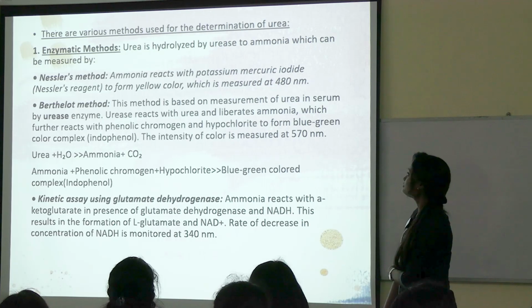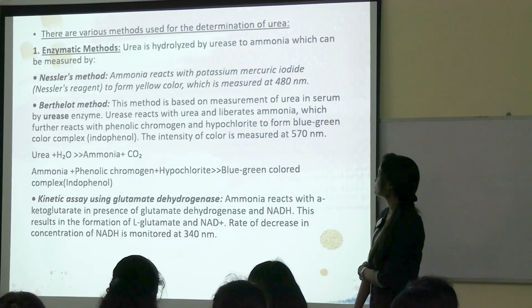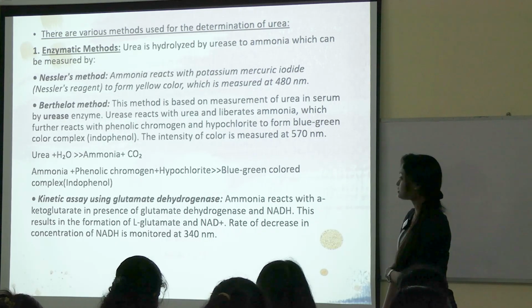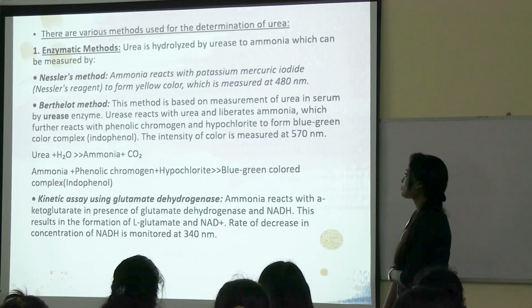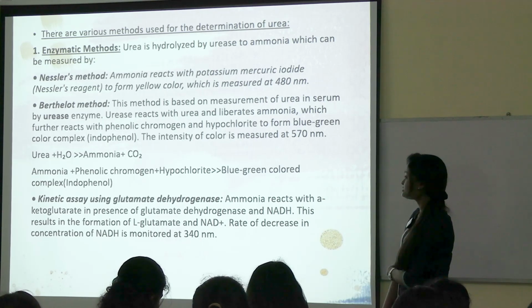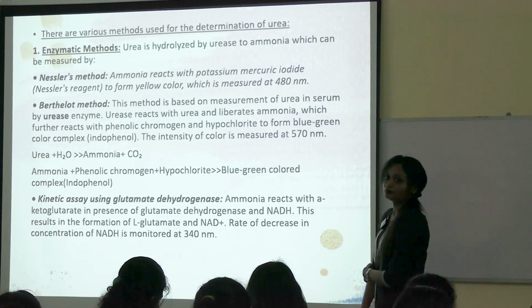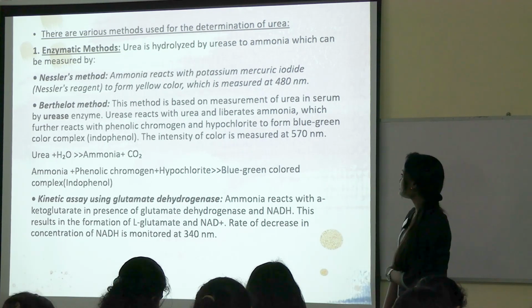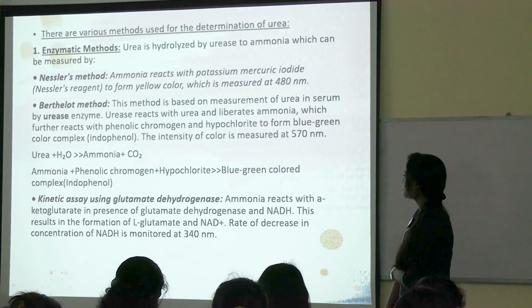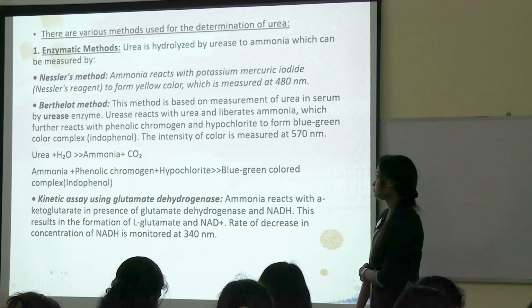In Nessler method, ammonia reacts with potassium mercuric iodide, which is Nessler's reagent, to form yellow color, which is measured at 480 nanometer. In Berthelot method, this method is based on measurement of urea in serum by urease enzyme. Urease reacts with urea and liberates ammonia, which further reacts with phenolic chromogen and hypochlorite to form blue-green color complex, which is indophenol.